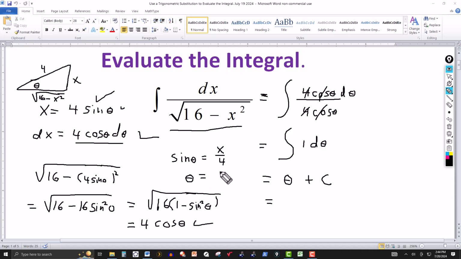On the right side, I'll get sine inverse, or arc sine, of x over 4. So come back to this statement and replace theta by sine inverse of x over 4 plus the constant of integration. And this is your final answer.